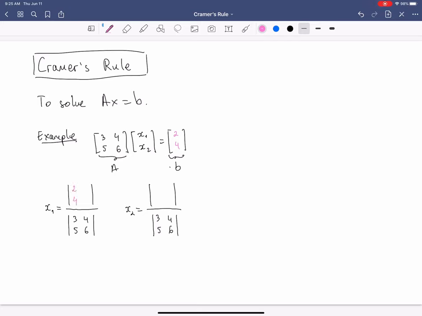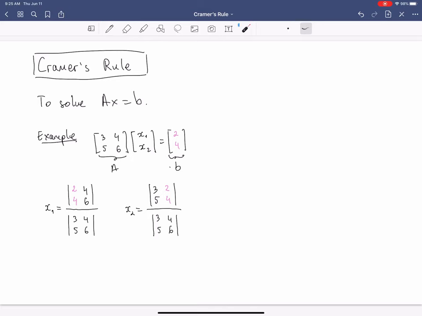And when I'm finding x2, it will be in the second column. It will replace the second column of A. And the rest will be just like in the denominator. So I have a 4, 6 here that comes from A. And then I have 3, 5 there, which comes from A again. So I replace one column at a time with b.